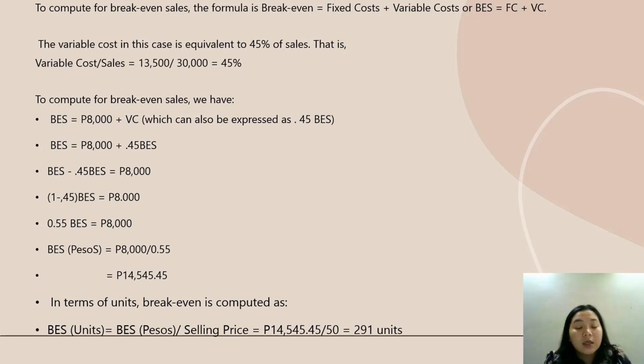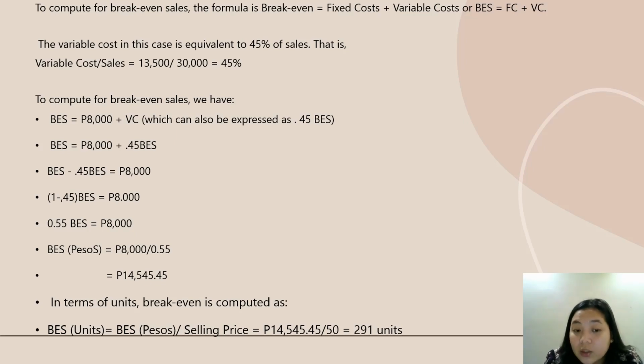So BES in pesos is equal to 8,000 over 0.55, and the answer is 14,545.45.